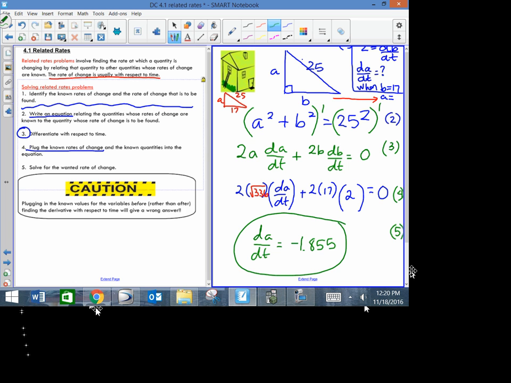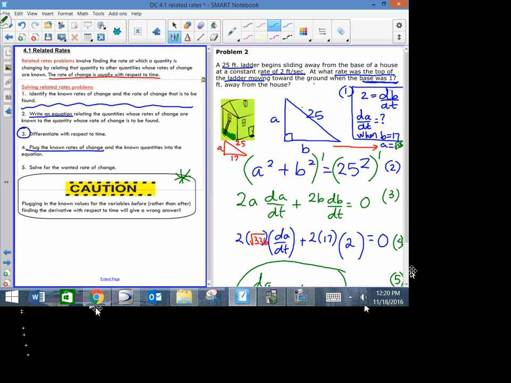Now, what that means is, at that moment where A is radical 336 and B is 17, the A is changing at that rate. I haven't talked about this yet. Plugging in the known values for the variables before finding the derivative will give you a very wrong answer.